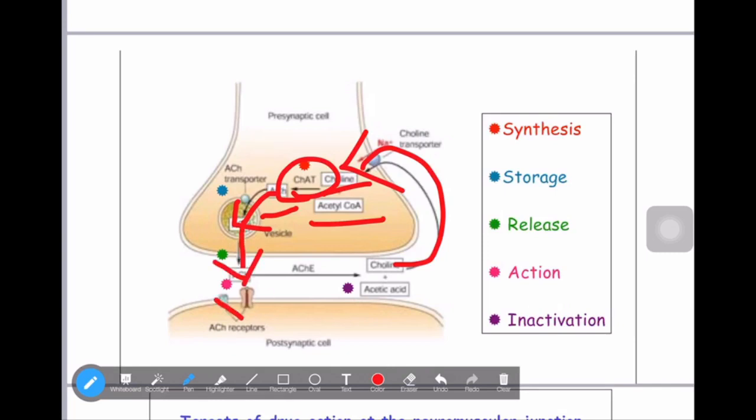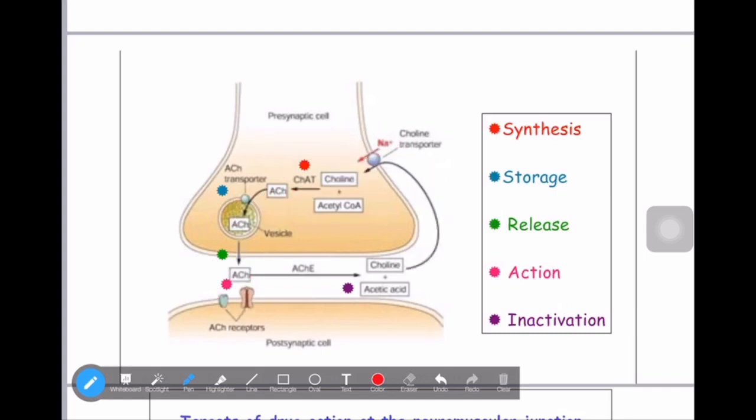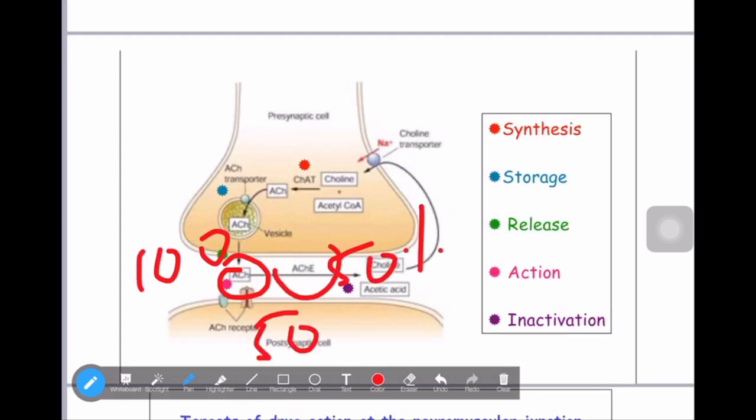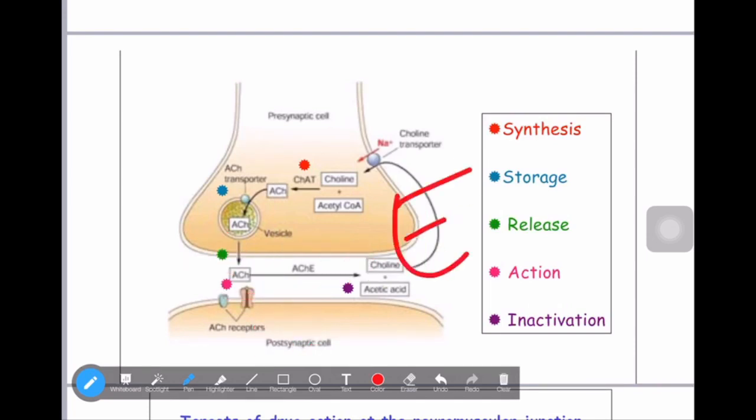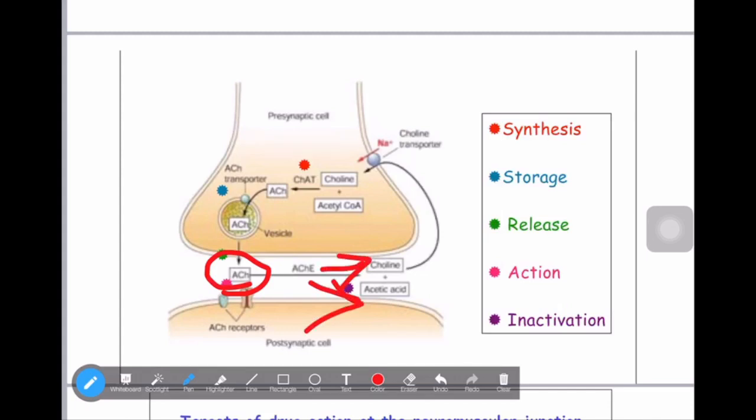Of the 100% that came, 50% acts on the postsynaptic receptor and 50% will be broken down by acetylcholine esterase. Esterase is an enemy because it breaks acetylcholine into choline and acetic acid, and this choline will go back into the presynaptic cell.